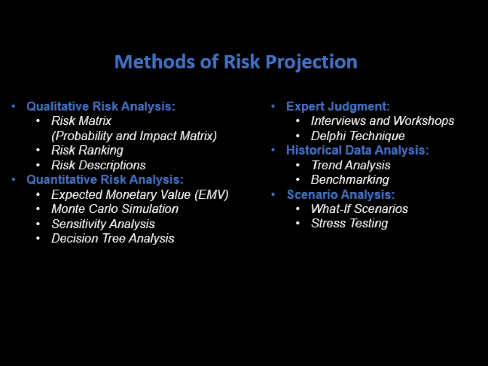Fourth point, historical data analysis. Trend analysis. Examine historical data and past project records to identify patterns and trends that can inform risk projections. Benchmarking. Compare risks and their impacts with similar projects or industry standards to estimate potential effects.